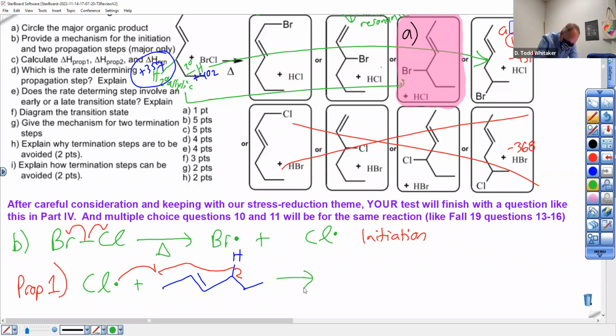You made HCl. Congratulations. And a carbon radical. Also, congratulations are in order. Negative 431 if you're doing energies. Positive 357. You want to do a delta H P1 in purple.